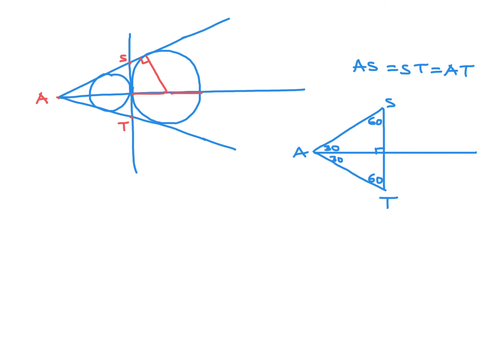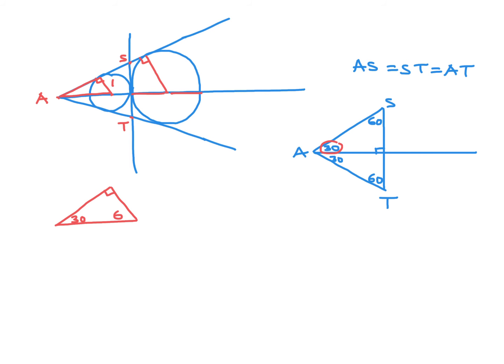So what I'm going to do is draw this line right here. That's the radius of the smaller circle, and we were told that was equal to 1, I believe, right? So this triangle right here, I'll draw it over here just to make it a little bit bigger if I can. This was 30, right, from here.